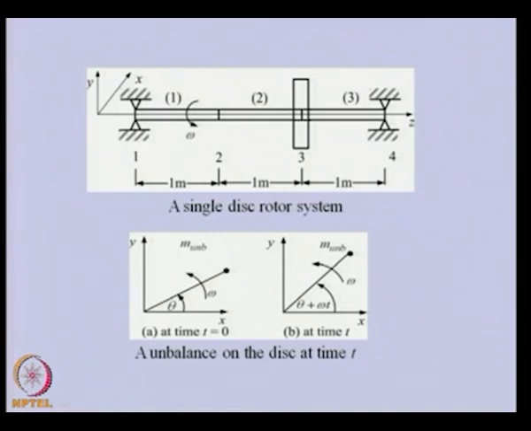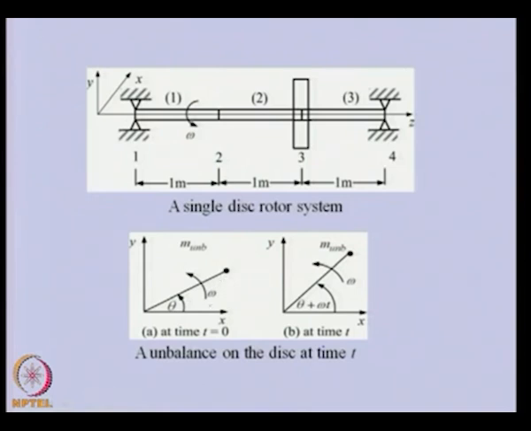For unbalance, we are considering the horizontal axis x as a reference, and the direction of rotation, let us say, positive is counterclockwise, and at time t equal to 0, we are assuming that this unbalance is in the horizontal position, and at time t it occupies some arbitrary position where this angle is theta.